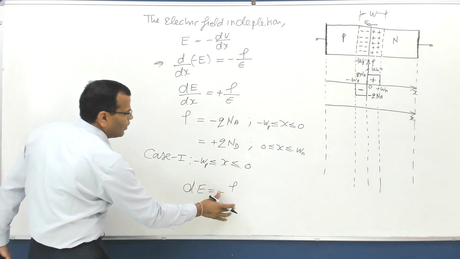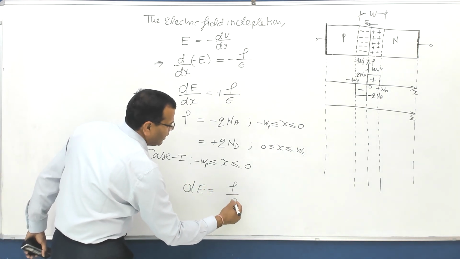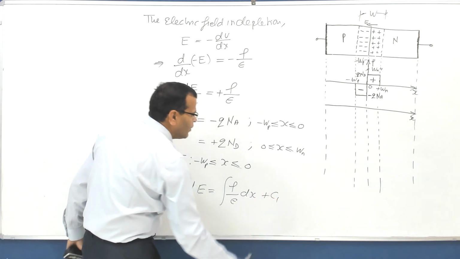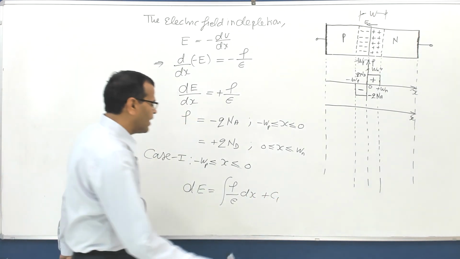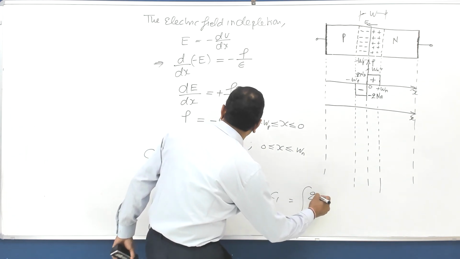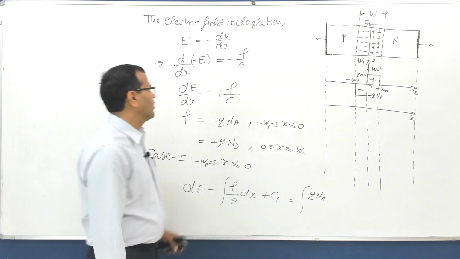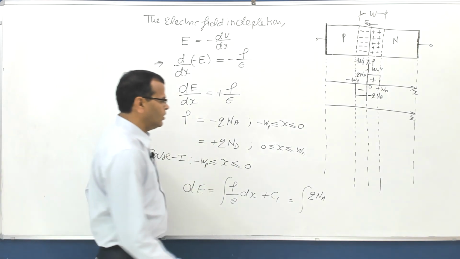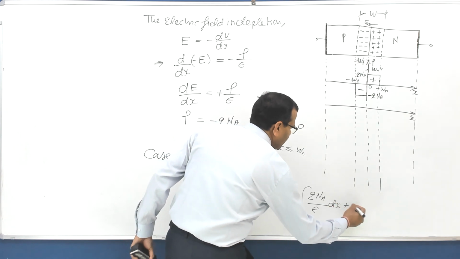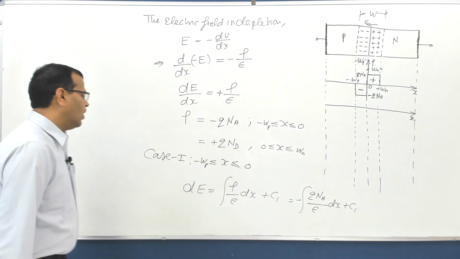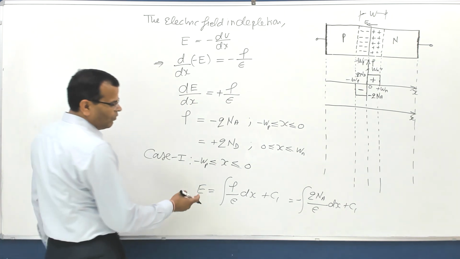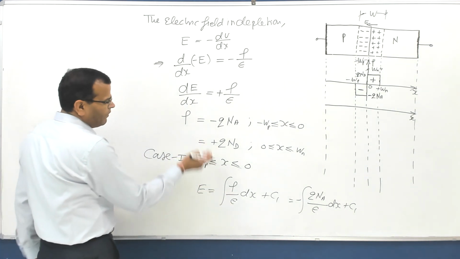So E equals integration of rho by epsilon dx plus some constant of integration, or I can rewrite it as integration of minus Q N A by epsilon dx plus a constant of integration. And this is now E, not dE, because I have integrated it.